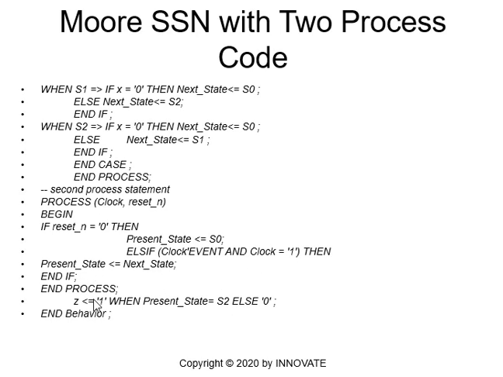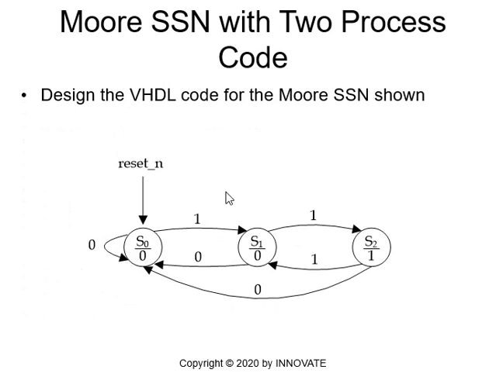End if, end the process. Then Z will be assigned 1 when S2 is the present state, else it will be 0. So when the present state equals S2, Z will be equal to 1. This is the only way Z equals 1, when I am in S2.